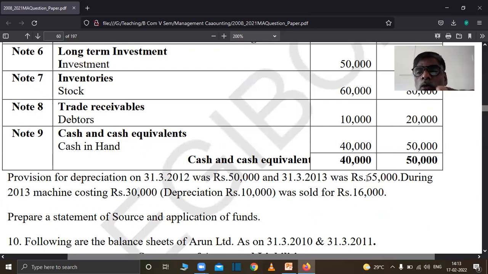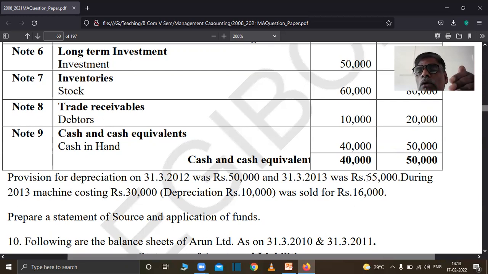Opening 50,000 in the opening balance of asset, closing 65,000 in the closing balance of asset, and take the original value of asset while preparing the account. While preparing the account, you have to add provision if it is given in the adjustment. And if this is deducted in the respective asset in the balance sheet notes itself, you take the original balance of the asset in the account.